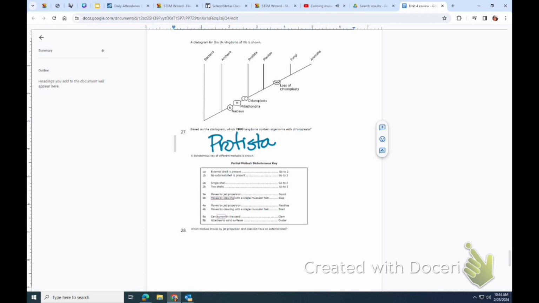Say it louder. Plantae. Protista and plantae. Because if you look here, they lost chloroplast here. They got chloroplast here. The only two things between that are protists and plants.